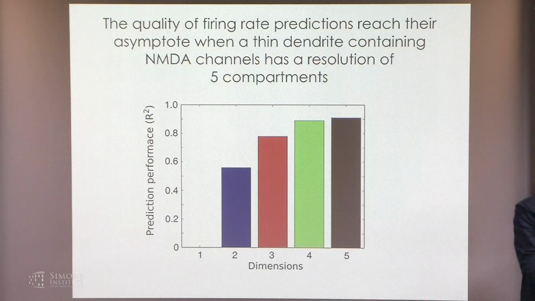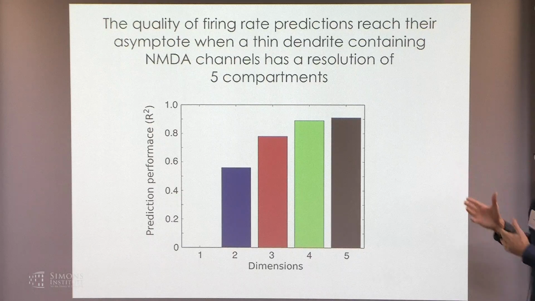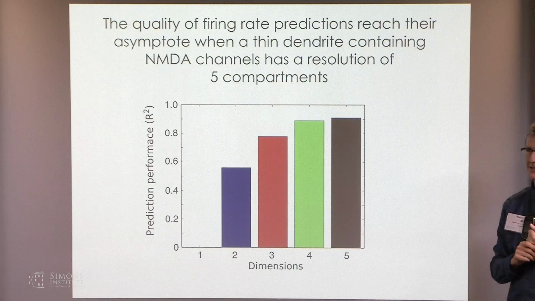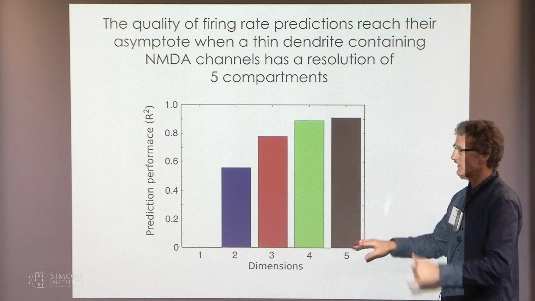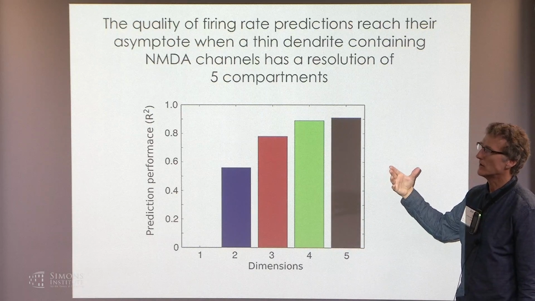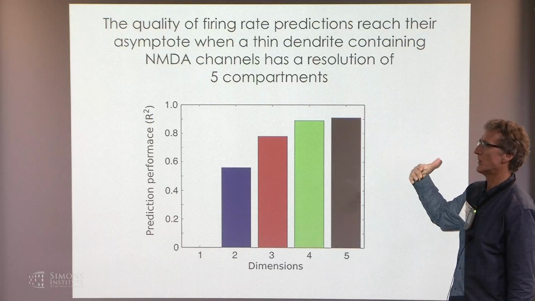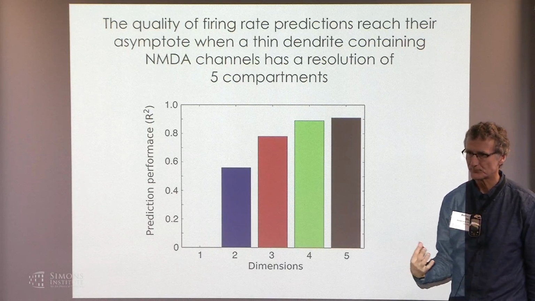I keep saying that as a caveat: there's no inhibition here. But it's still interesting to know from a pure excitatory point of view. And the answer is about 5 dimensions of computational, bona fide nonlinearity, because that's how many basis functions, essentially these bins, it takes to predict well what's going to be produced by the neuron.